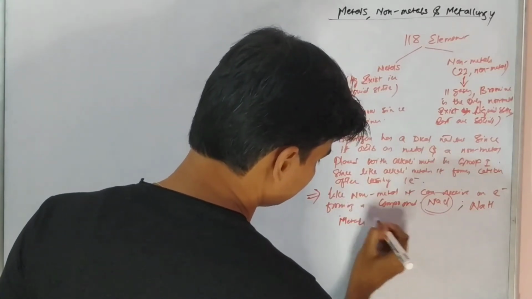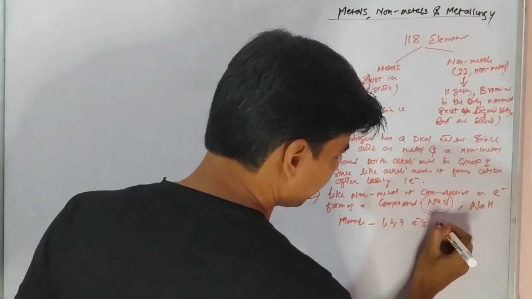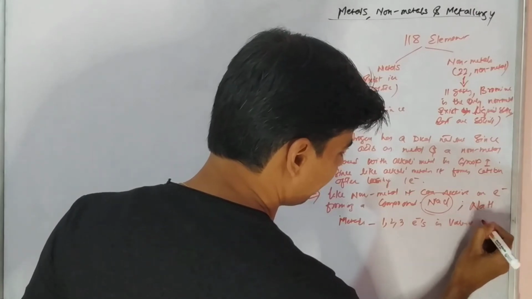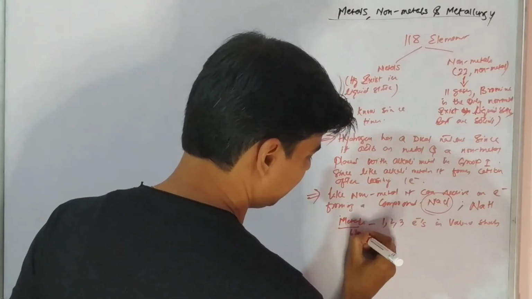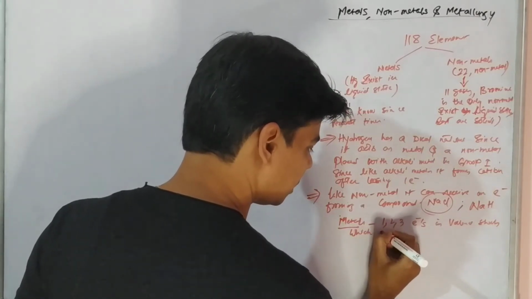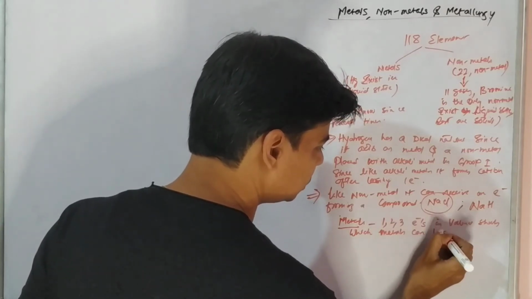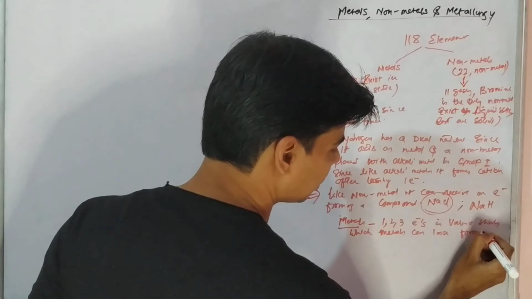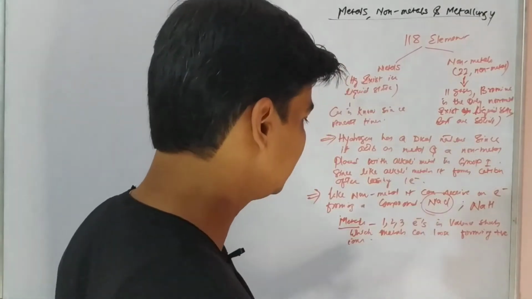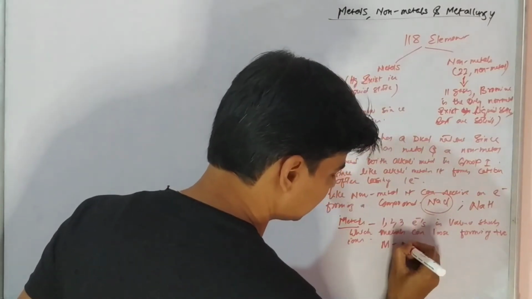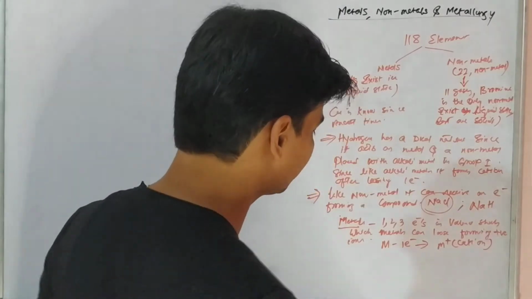We know that metals have 1, 2 or 3 electrons in the valence shell, right, which they can lose, forming positive ions, right? So metals can lose electrons, forming cations, right?